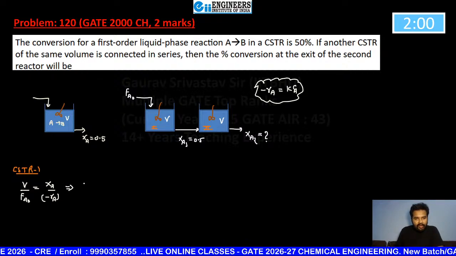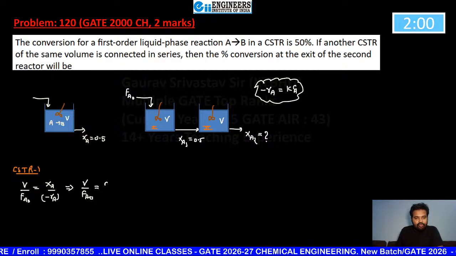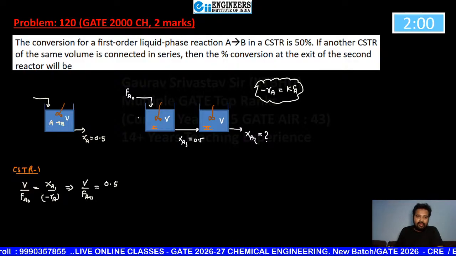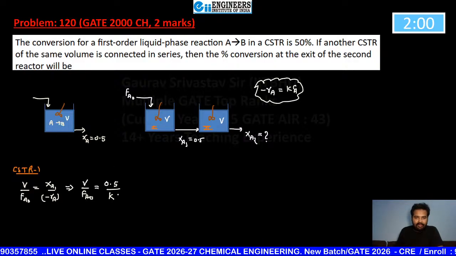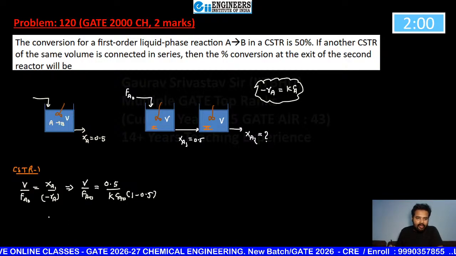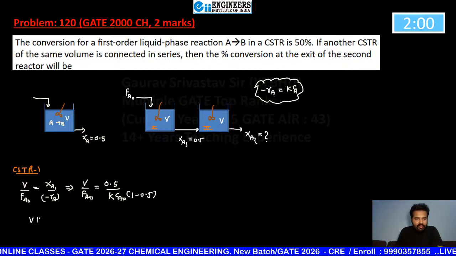Now further you can write V by Fa naught equals, for the first one, XA1 upon K CA, and in place of CA you can write CA naught times 1 minus XA, and XA is 0.5. With this expression you can write V K CA naught upon Fa naught.